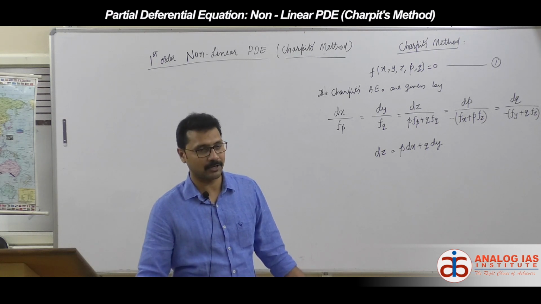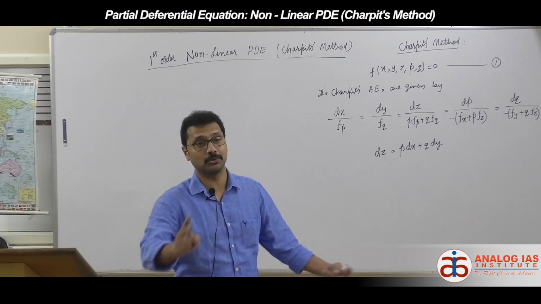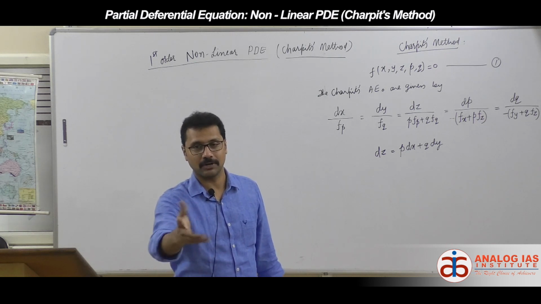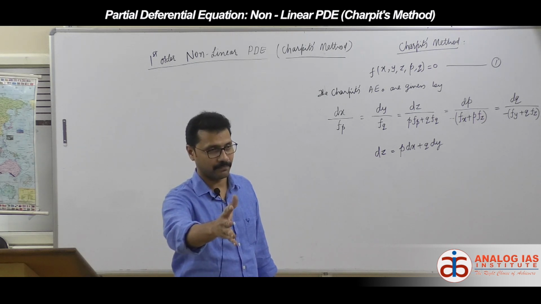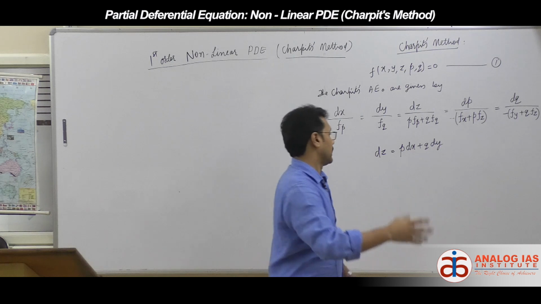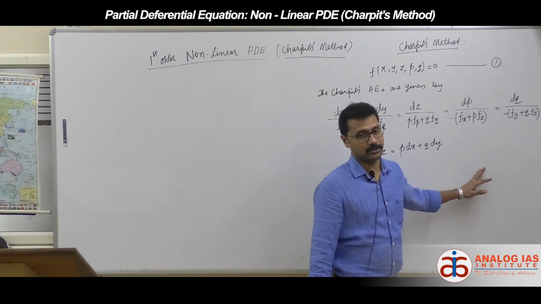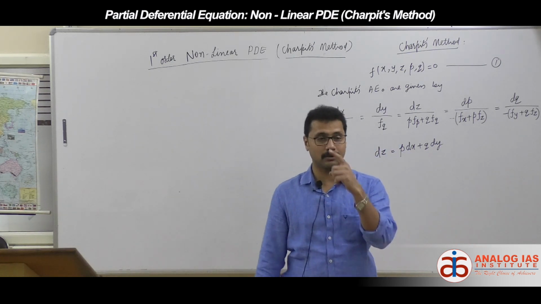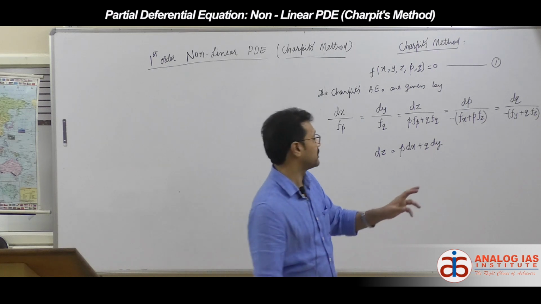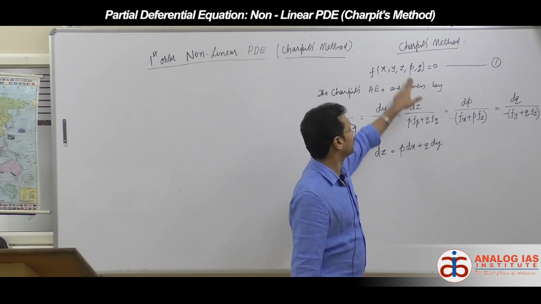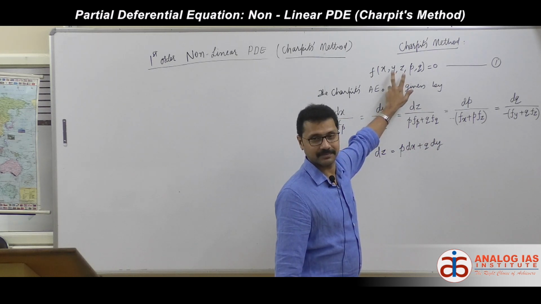Obviously, you cannot have three arbitrary constants in the first order with two independent variables. But even if you have a third arbitrary constant, you have to reduce it into two arbitrary constants by getting a relationship between C1 and C2 from this expression. Are you getting that?